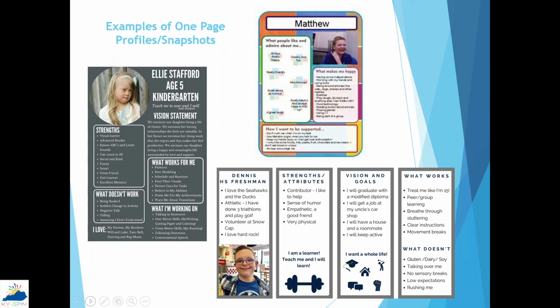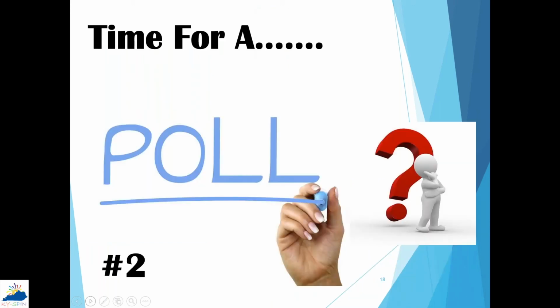He's got his vision and goals, what works. It's just laid out differently on the paper. So you see, there are so many ways that you can do them. And I promise you, when you go to Google and you start looking for more, you will find plenty out there. These were just a few of my favorites that I thought were really good and kind of showed a variety of ways that you could use them.